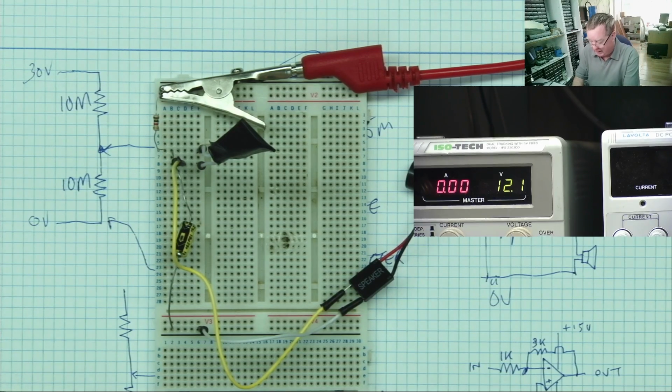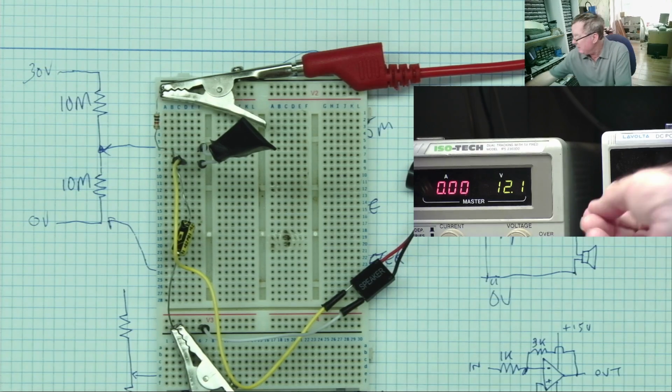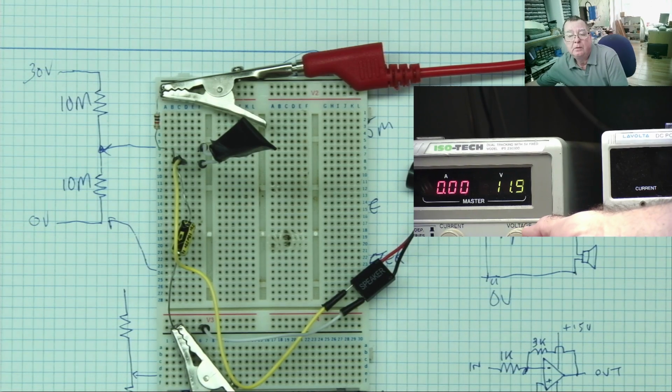So you can see my power supply there set to 12 volts. But if I turn the voltage down, see, it stopped. So it needs more than 10.8 there, it just starts, yeah?